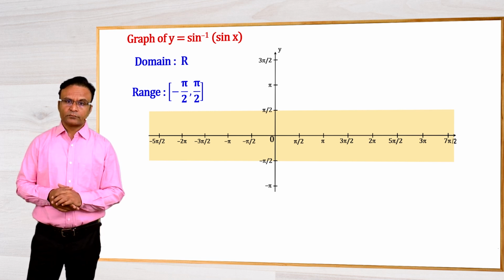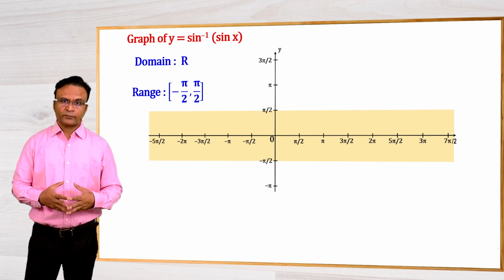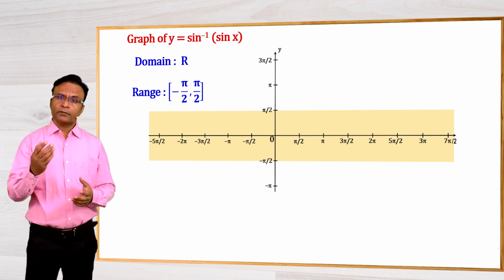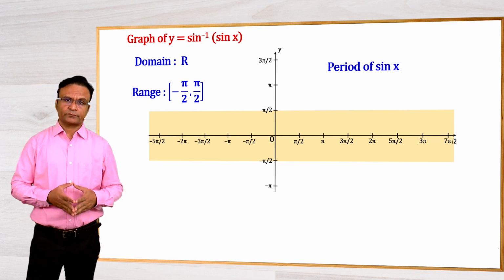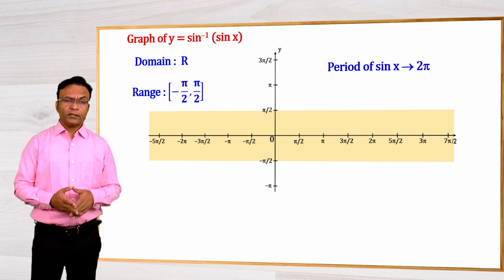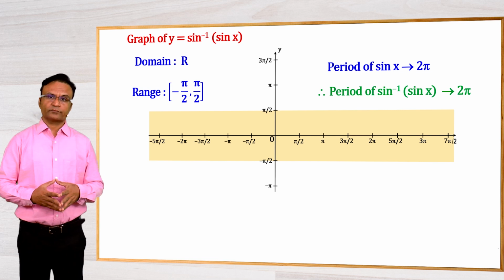ओके, अब एक स्ट्रेटेजी बनाते हैं ग्राफ ड्रॉ करने के लिए. What is the period of function sin x? Its period is 2 pi. Then the period of sin inverse of sin x is also 2 pi.